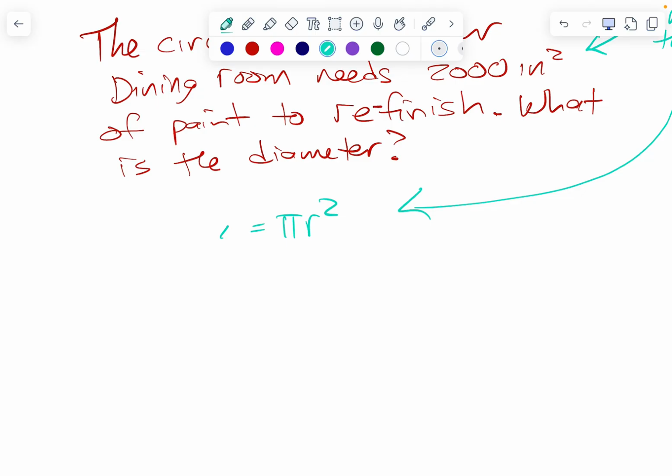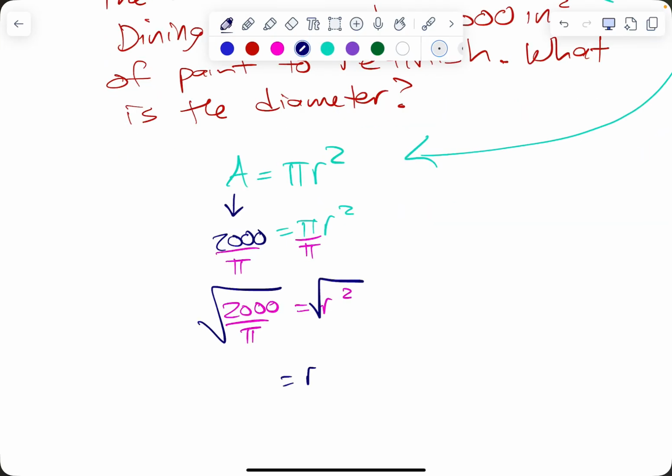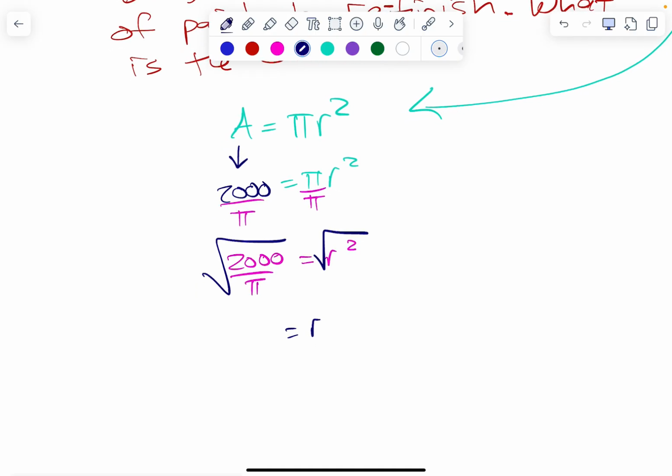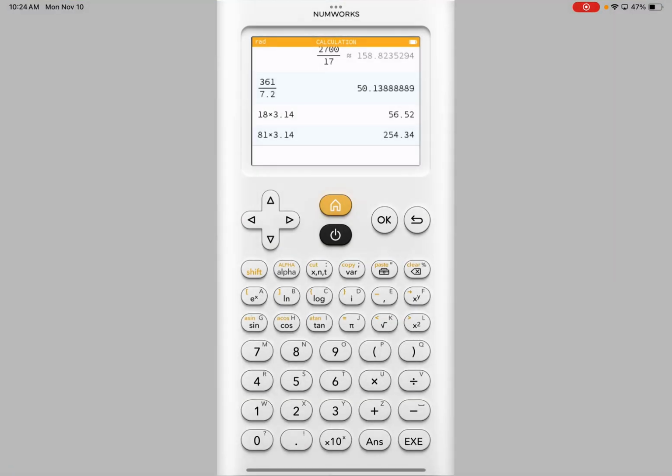And what do we do to get r by itself from here? Square root both sides. If I said office version, it would be this. It's just the square root of 2000 over pi. We could simplify the radical, but its office version is that. But otherwise, we take that now to our calculator.